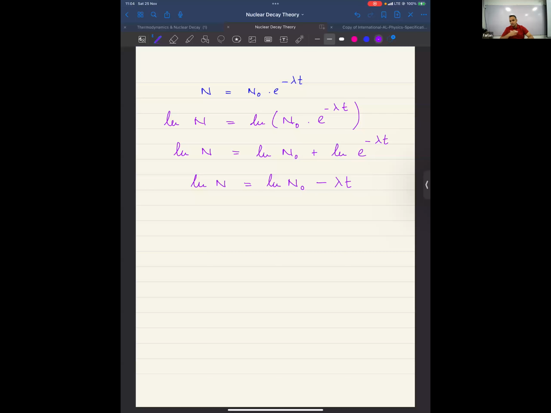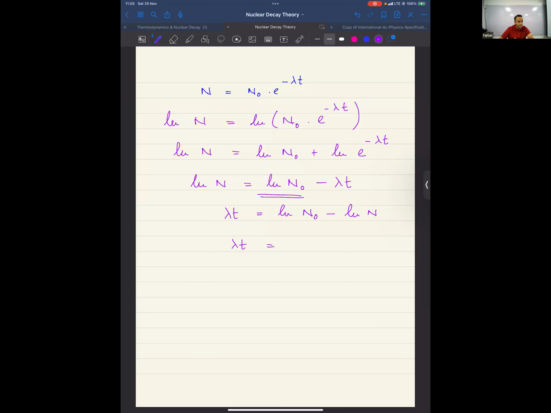Right, now I can simplify this a bit more. Look at this. If I take the minus lambda t to the left, it will become lambda t equals ln n naught minus ln n.